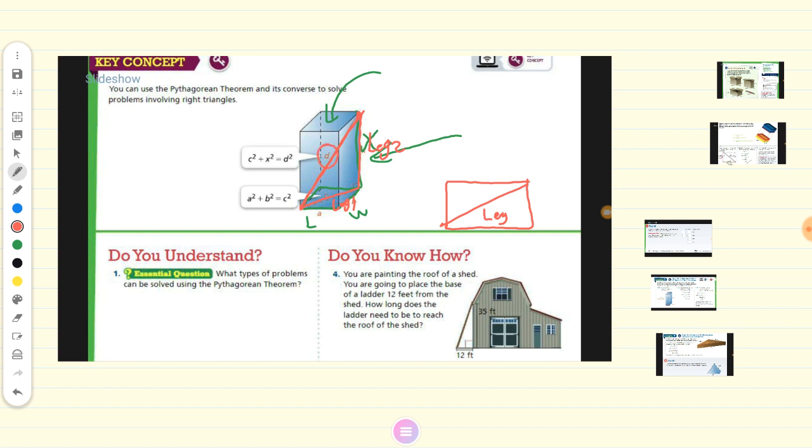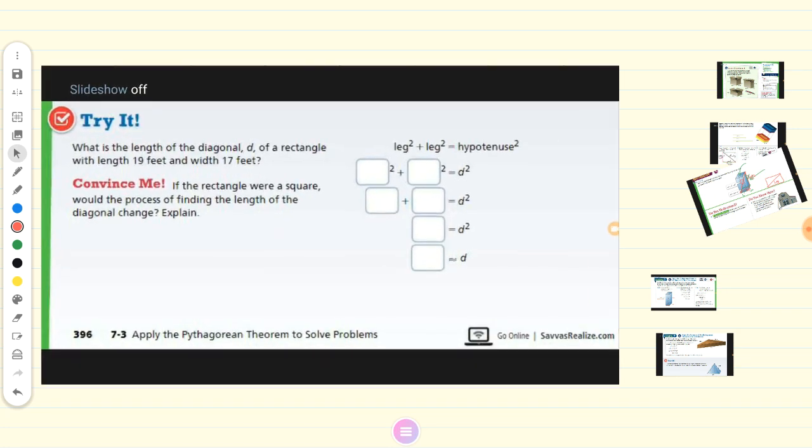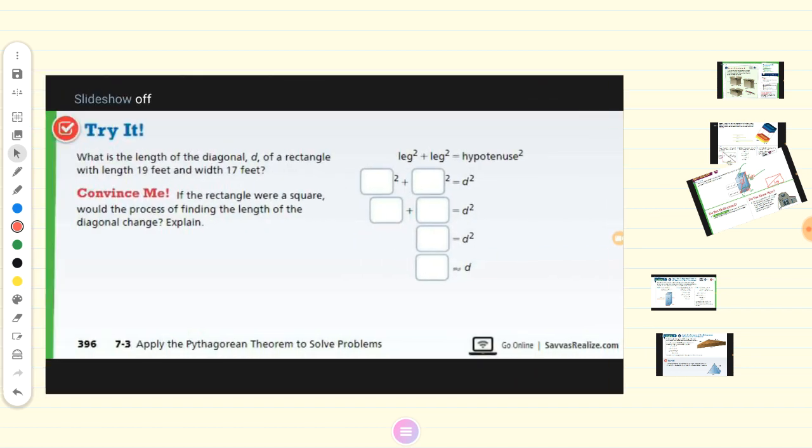Let's apply it over some examples. What is the length of the diagonal D of a rectangle with length 19 feet and width 17 feet? So, this is a rectangle.